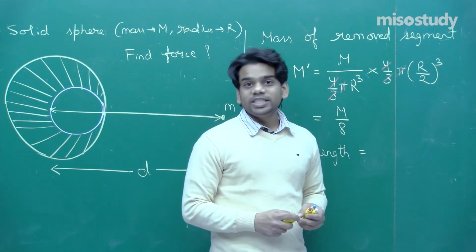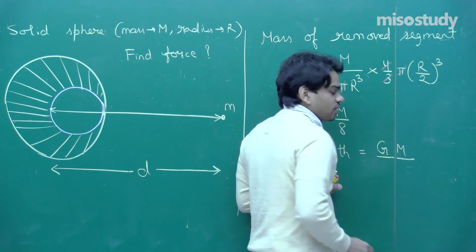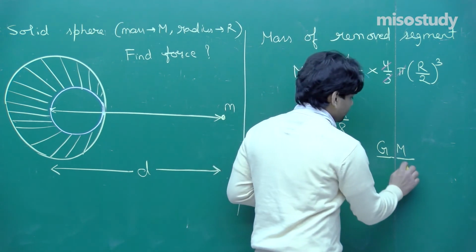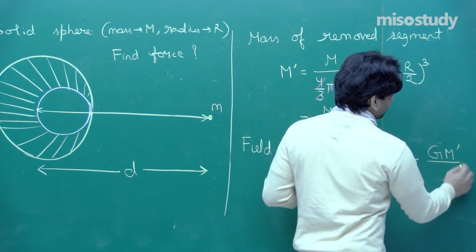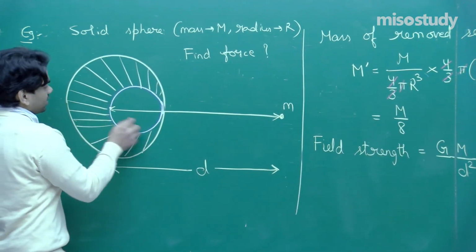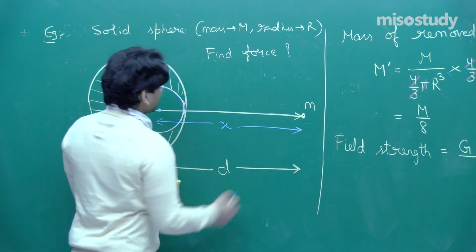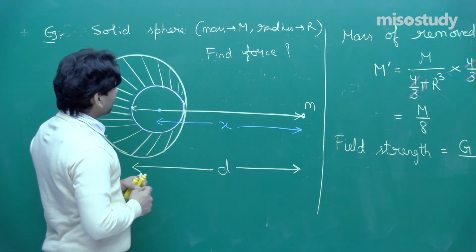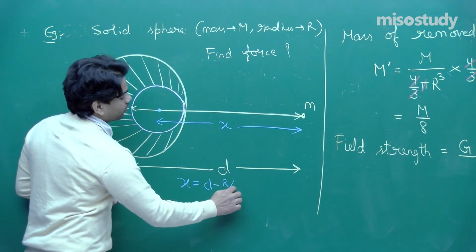That will be equal to Gm divided by d whole square, minus G m dash, and now if I mark the center of the removed part here, this distance from the center, if I take that as x, which is nothing but d minus r by 2, which I will be substituting later on.